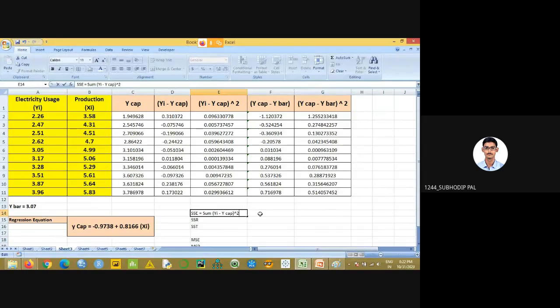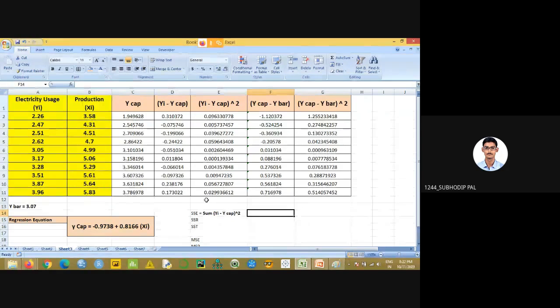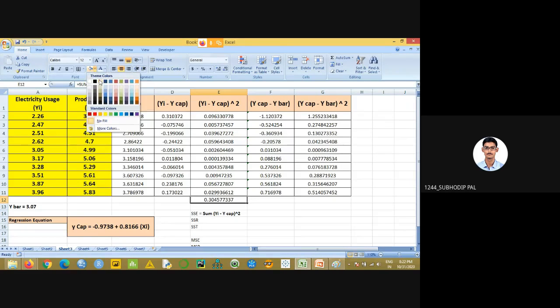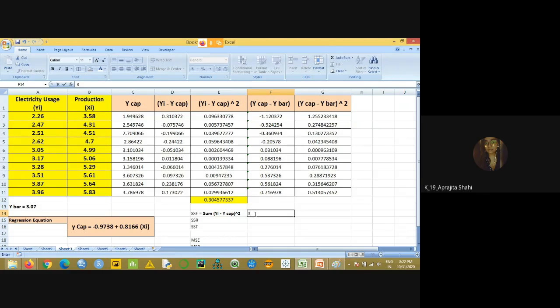So y minus y cap is the error. I've already calculated yi minus y cap whole square, so if we take the sum of this, enter. This is my SSE value, 0.3304.